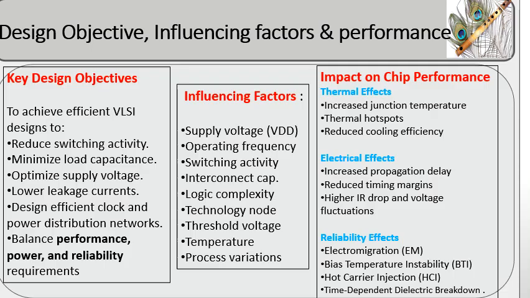Parasitic resistance, capacitance, and inductance, together with thermal effects and process variations, increasingly limit the achievable performance. Consequently, modern VLSI design requires careful optimization to satisfy stringent timing, power, area, and reliability constraints while ensuring robust and efficient chip operation.